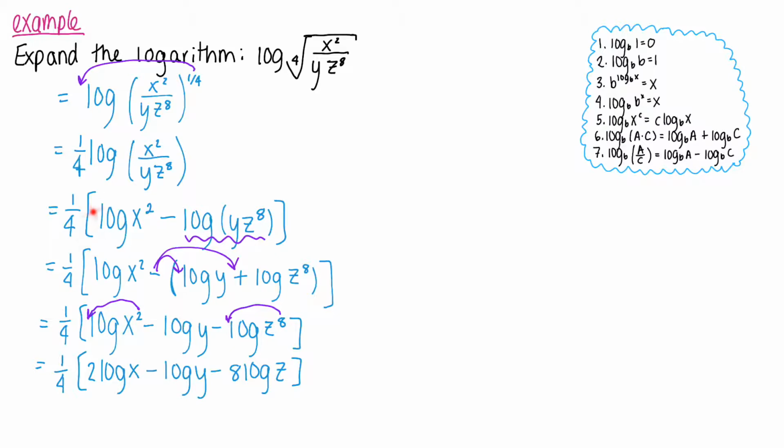I'm using brackets here and not parentheses just because it helped differentiate that there's two different types of parentheses being used. The brackets aren't anything special. It's really just the same as parentheses, but they look a little different so that you can tell the difference between them. All right, and then the last thing I'm going to do, I'm going to distribute this 1/4 to everyone.